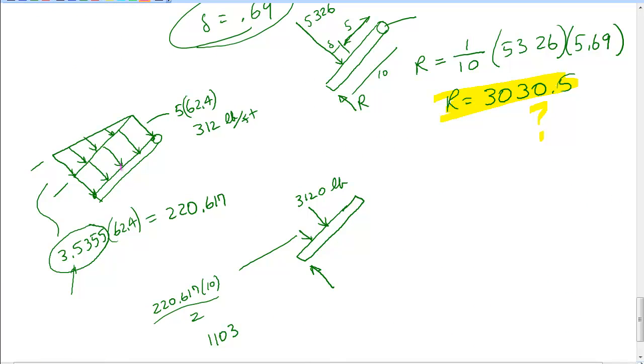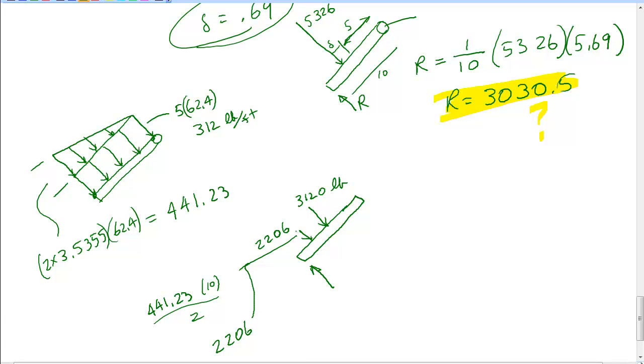So that means this value should be 2 times that. 2 times 3.5355 times 62.4 gives me this value, 441.23. 441.23 times 10 divided by 2 gives me 2,206 pounds. So that value is 2206 roughly.